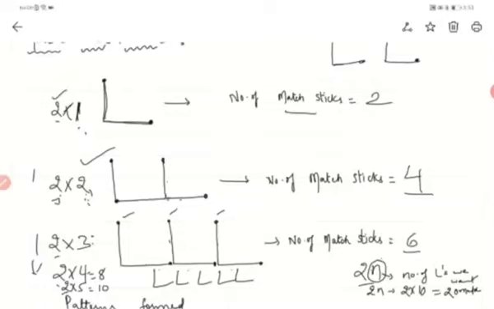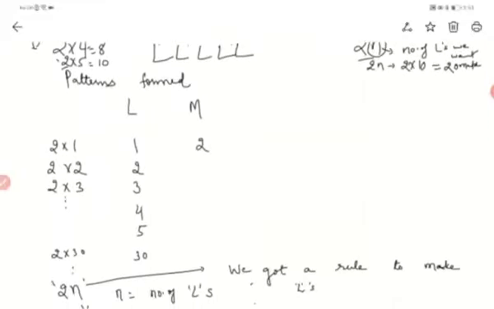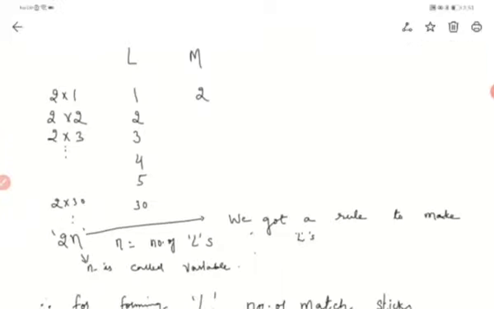So this is how you come to one rule, or one formula. By looking at the pattern, we came to one expression or rule called 2n, right?